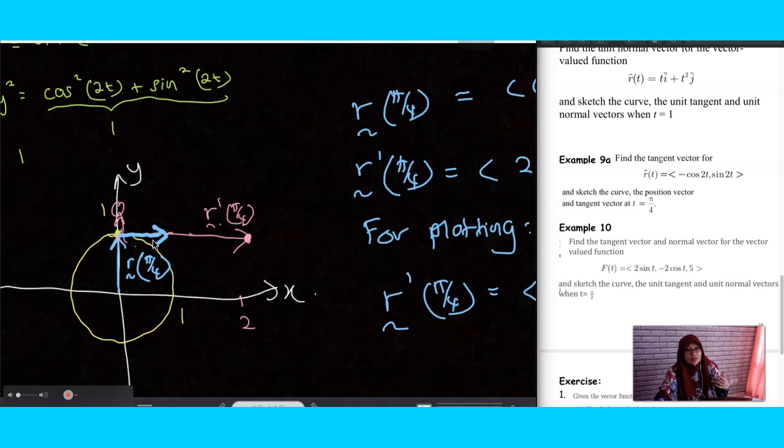How can we know this is correct? As I explained to you before, the property of the tangent vector or unit tangent vector is that at the turning point, its direction will show you that you are moving in this way, which is the clockwise direction. How can you know that?